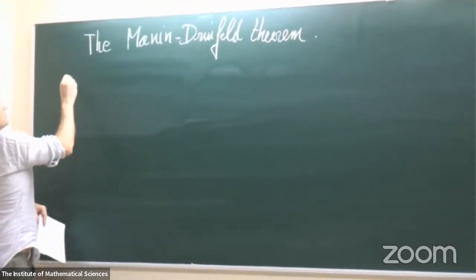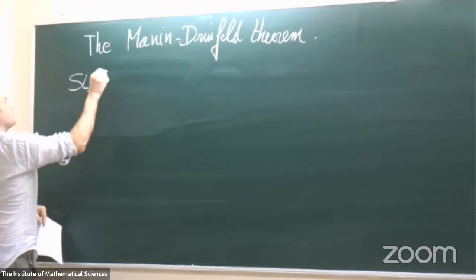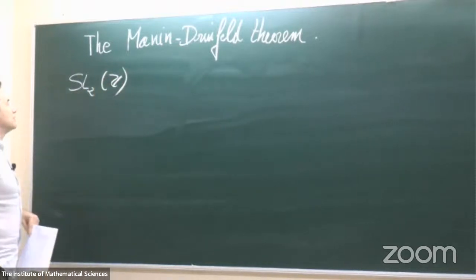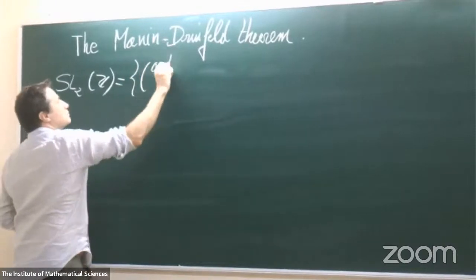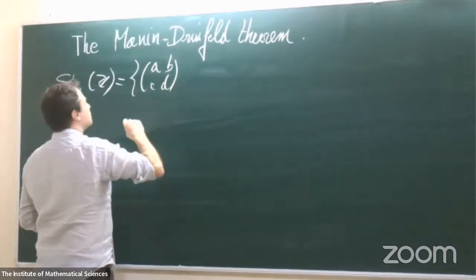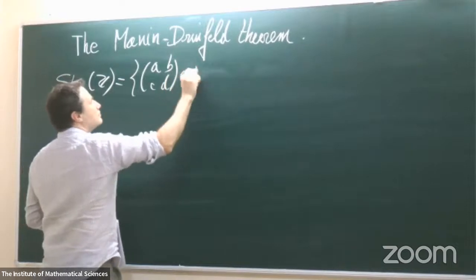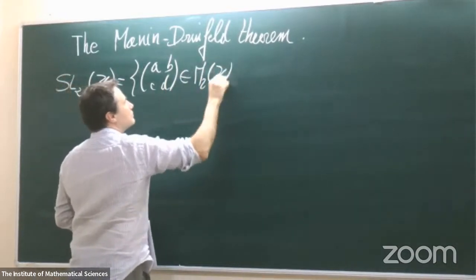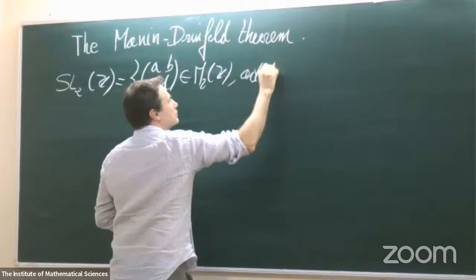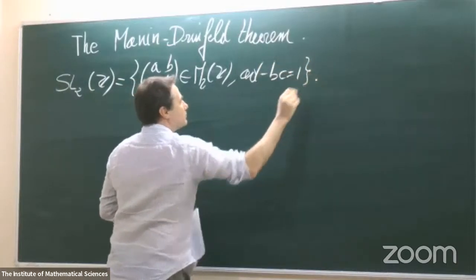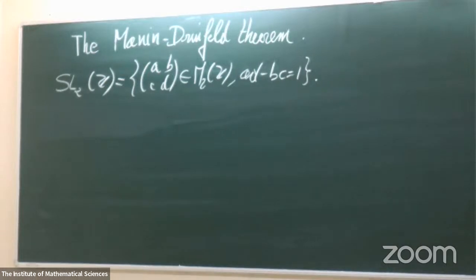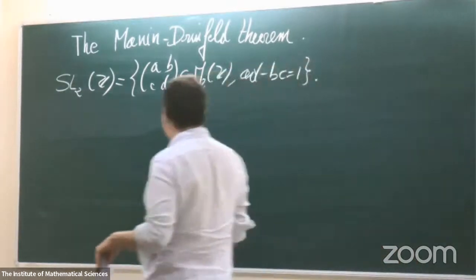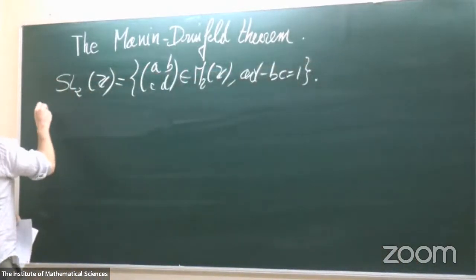Let's start with this fundamental object, the modular group SL2 of Z. And we will be interested in a subgroup of finite index.